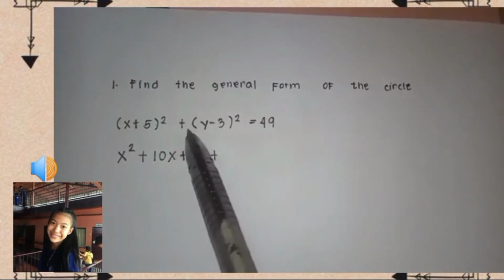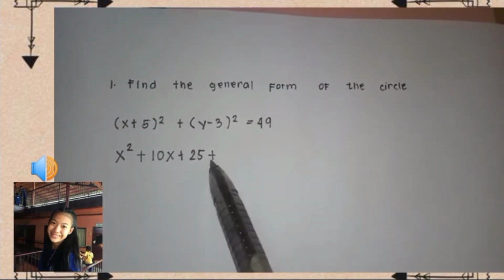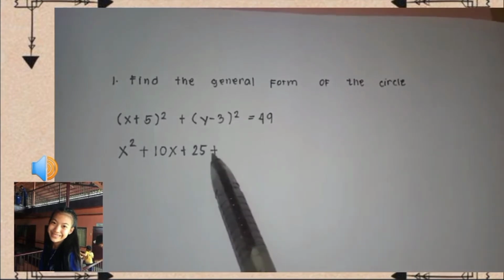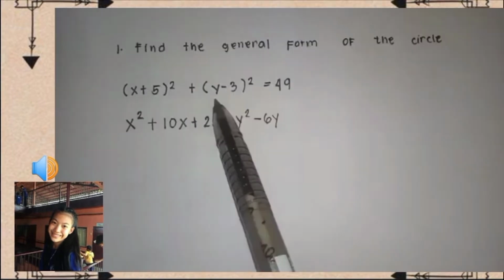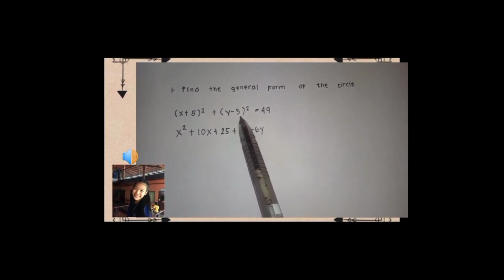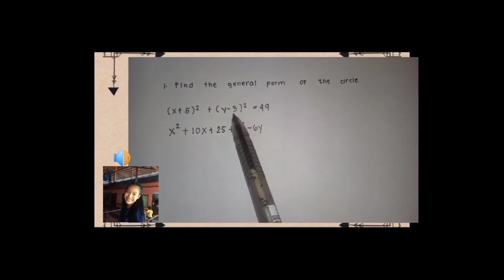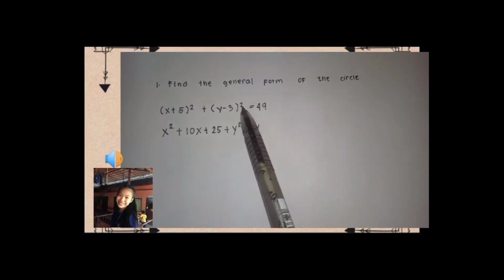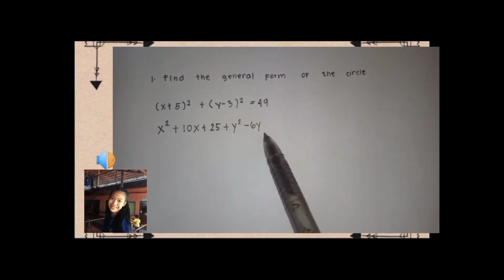Copy the plus sign now. Square the first term, that is y squared. Multiply the first and the second term, that is negative 3y times 2 is negative 6y.